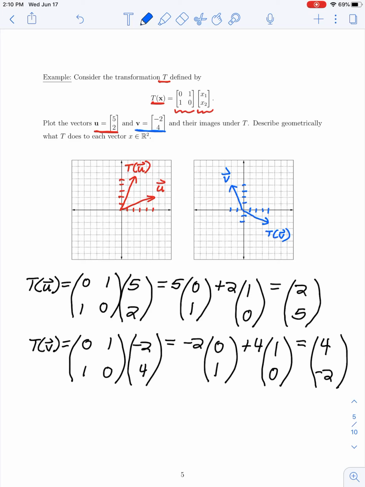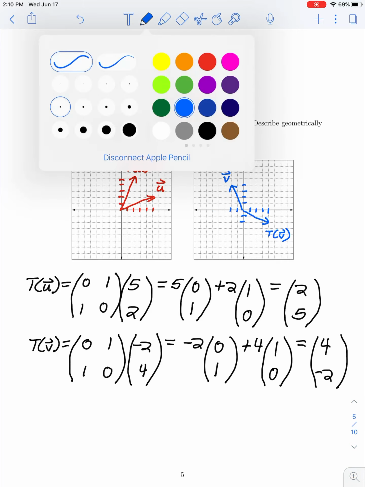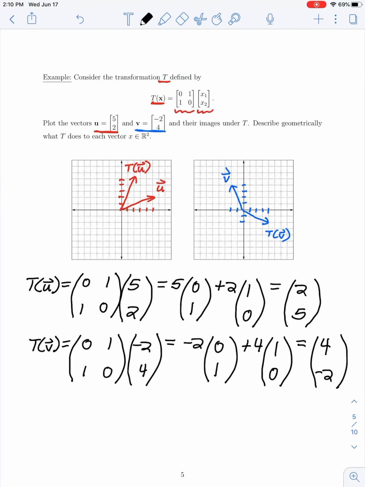So what appears to be happening here? If we compare our original vector to its image, it looks like we are reflecting the given vector about the line y equals x, or if we're considering points in the x1, x2 plane, we're reflecting about the line x1 equals x2. That is the line through the origin of slope 1.